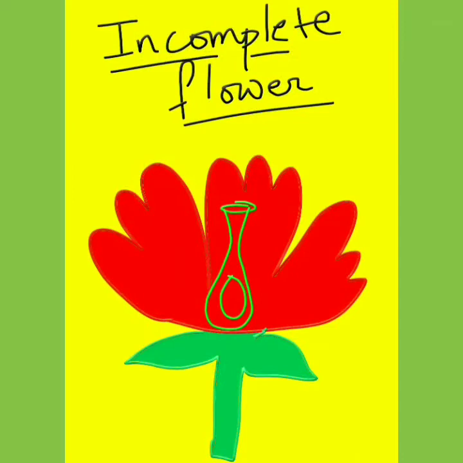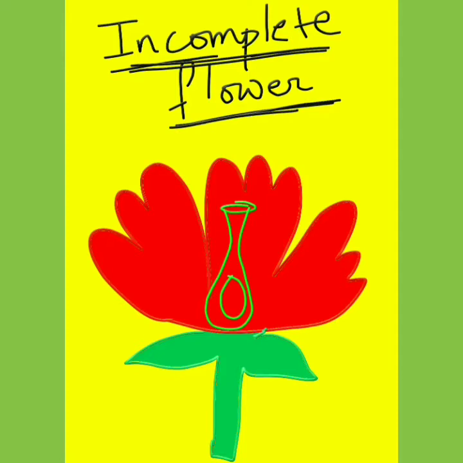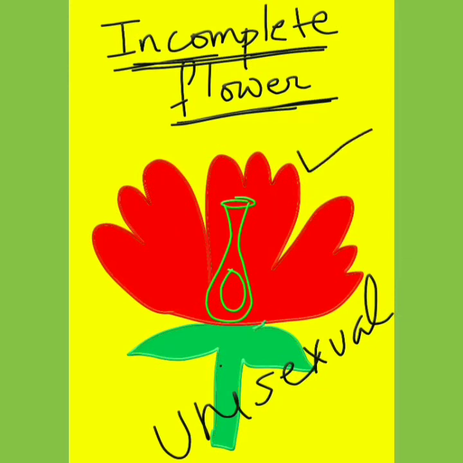The next one is incomplete flower. So a flower in which any of the parts, that is either stamen or carpel is missing, is called incomplete or unisexual flower. As in this picture you can see only carpel is present but stamen is absent. So it is unisexual flower.